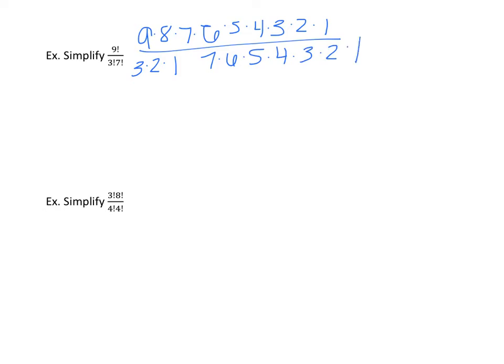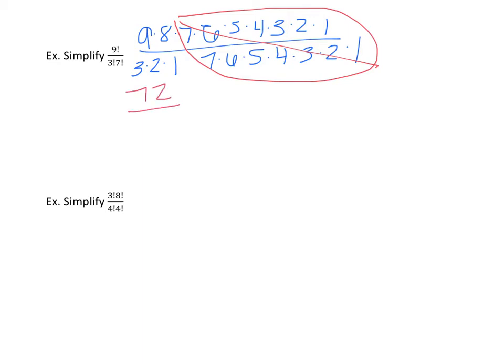Simplifying factorials is wanting you to pick out this. All of this part right here is the same. Can cancel out with each other. 9 times 8 would be 72 over 6, which would be 12.